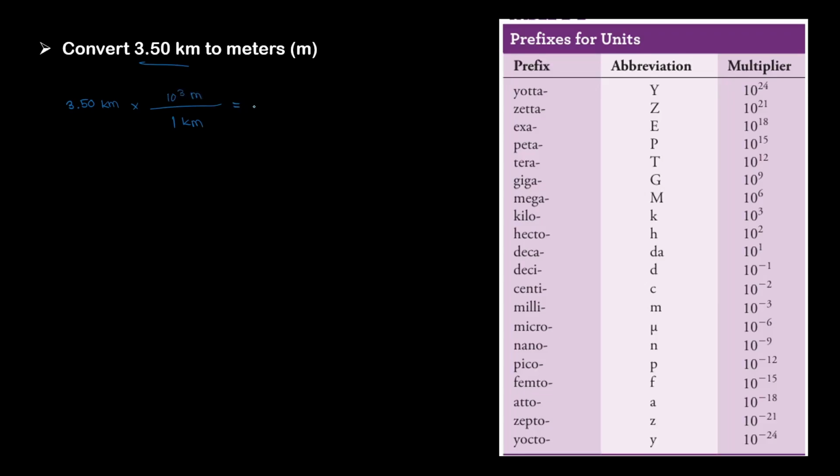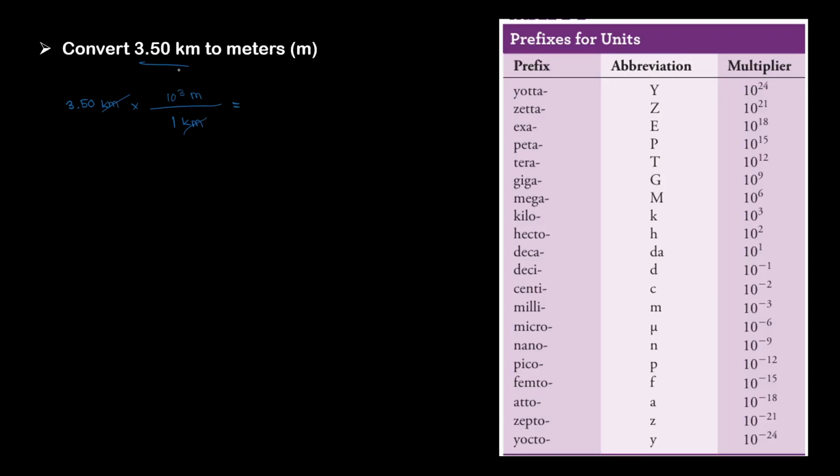Okay, and now it's easy, right? We can just eliminate this km, and we're left with meter. So after eliminating kilometer from this, dimensional analysis, we will have meter left as a unit.